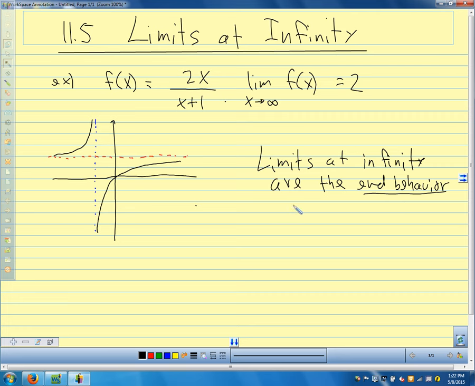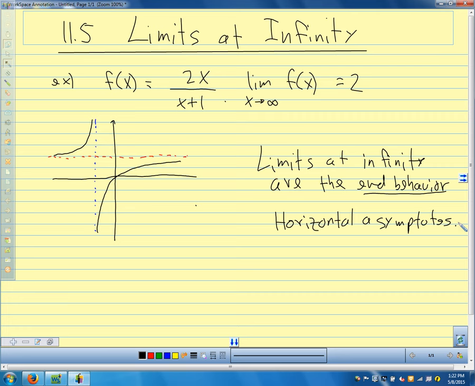So what we're talking about when we're talking about limits at infinity are horizontal asymptotes. And so our rules for finding limits at infinity are exactly the same as our rules for finding horizontal asymptotes.